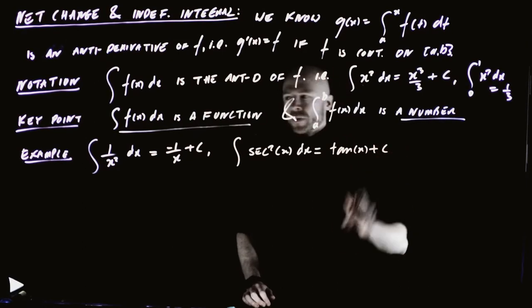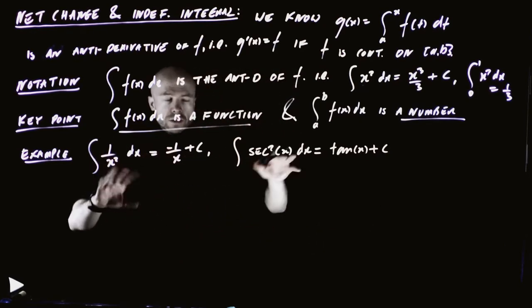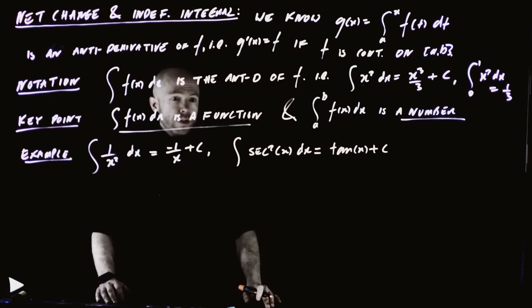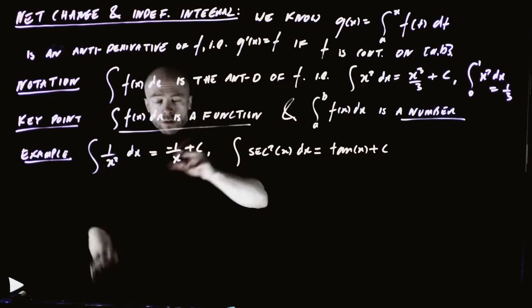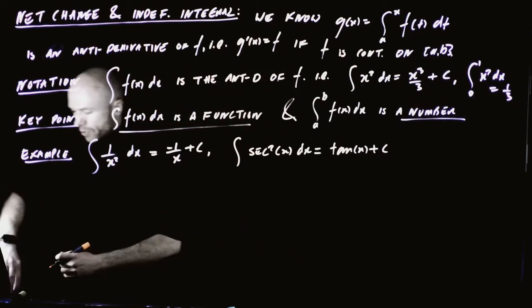So if you look in the book, there's a whole list of antiderivatives, and they're written in the form like this. And when you have an exercise where you're given something like, well, let's just give you an example.